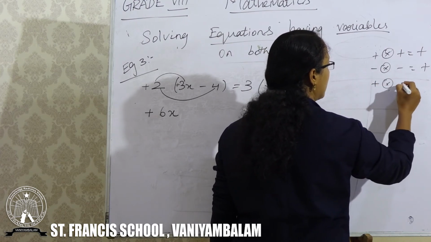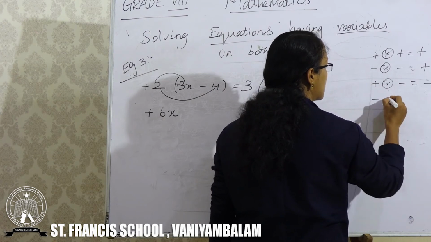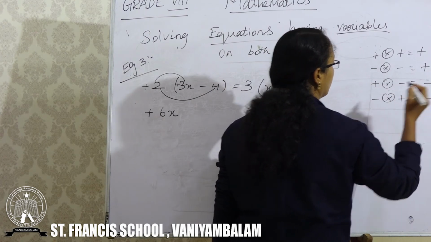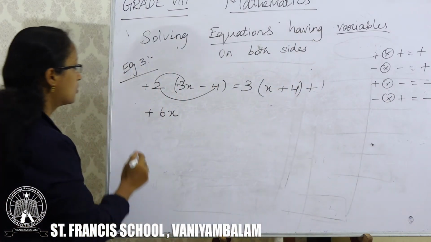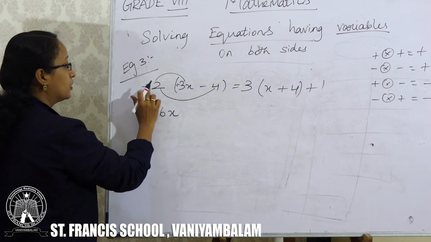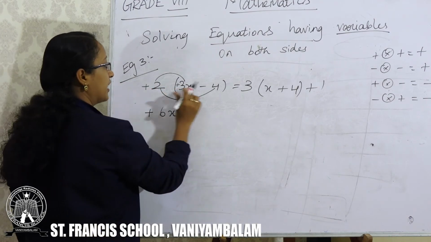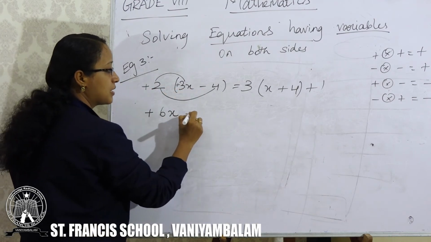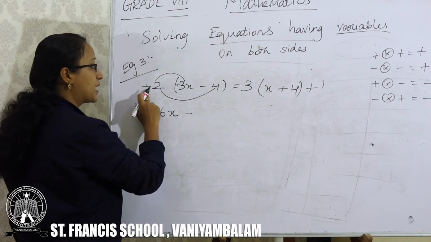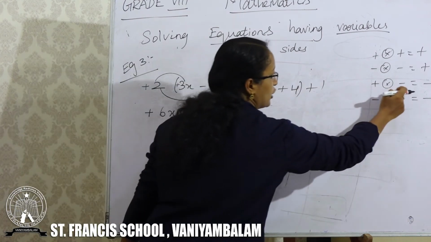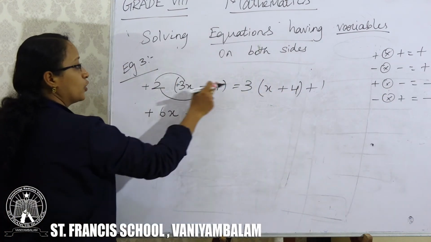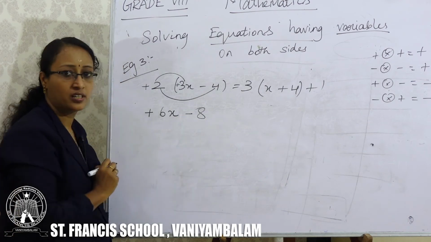If you multiply different symbols, negative sign. Got it? So plus into plus is plus, 2 into 3 is 6x. Next, plus into minus is minus, and 2 into 4 is 8.